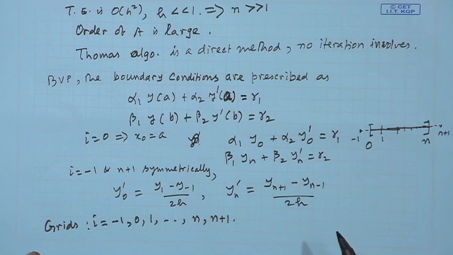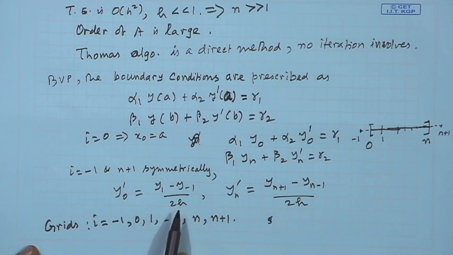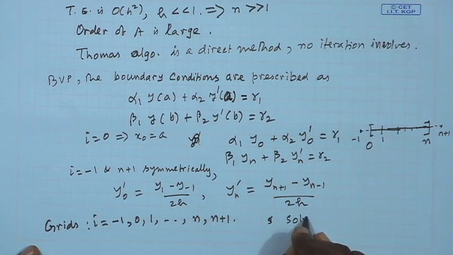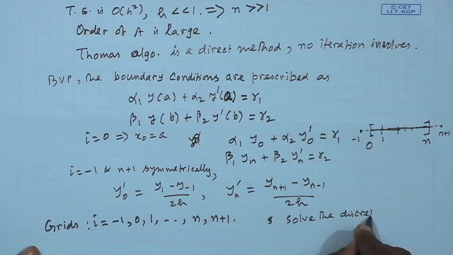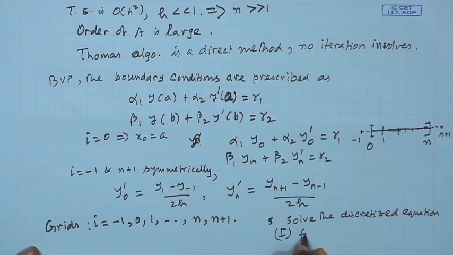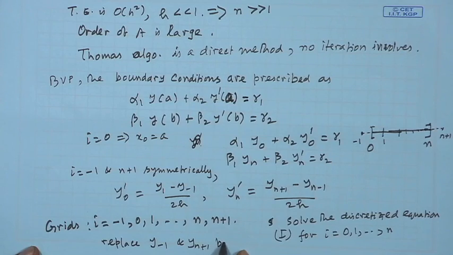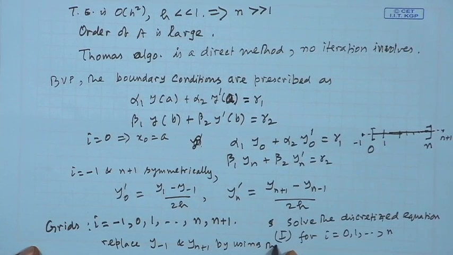Now, what we can do is, by using these boundary conditions, write y minus 1 in terms of y 0 and y 1, similarly y n plus 1 in terms of y n and y n minus 1, and solve the discretized equation for i equal to 0, 1 to n, replacing y minus 1 and y n plus 1 by using the boundary conditions.